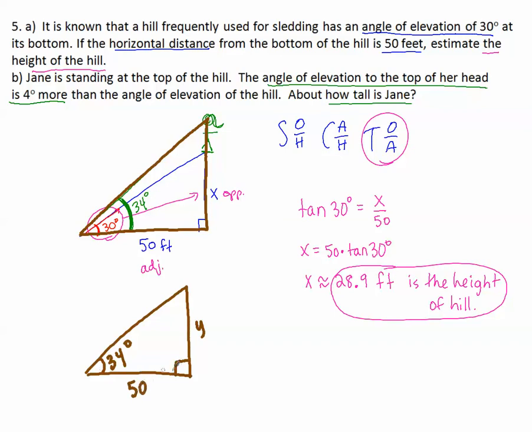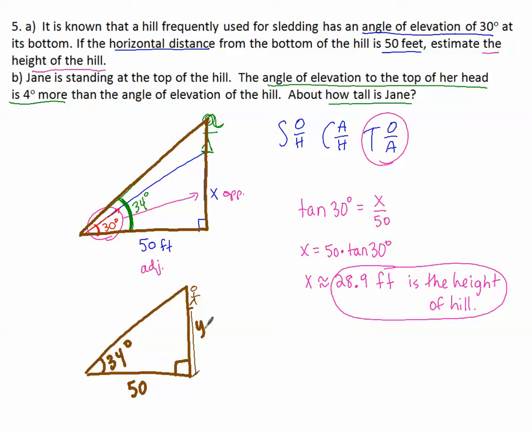This is still 50, that horizontal. Now, we need to know how tall Jane is. So let's go ahead and find this vertical length. Remember, this is the top of Jane's head, and here's where the hill is from here down. We already know that amount. So y is that whole length right there.